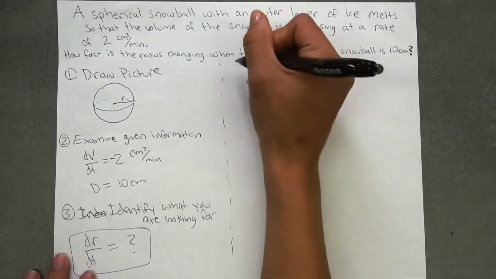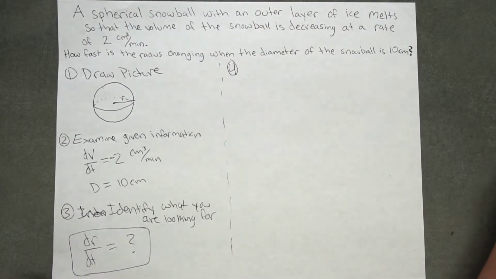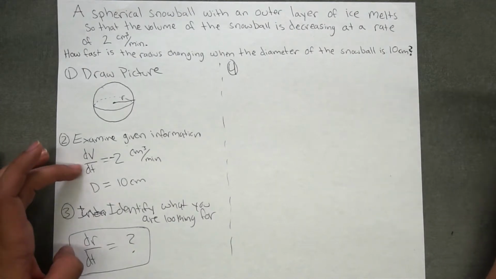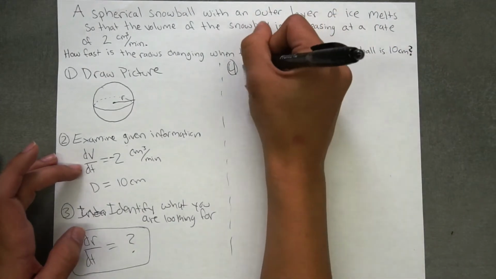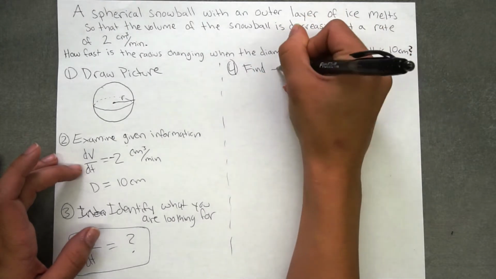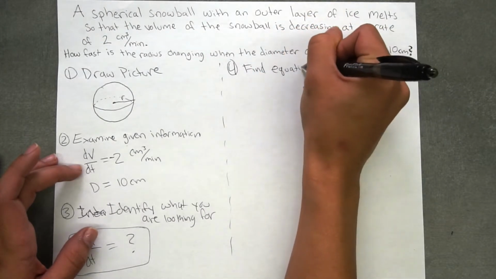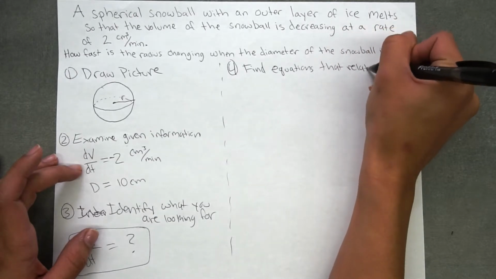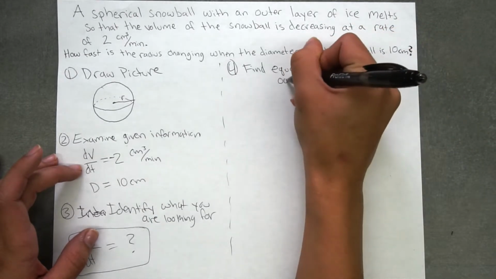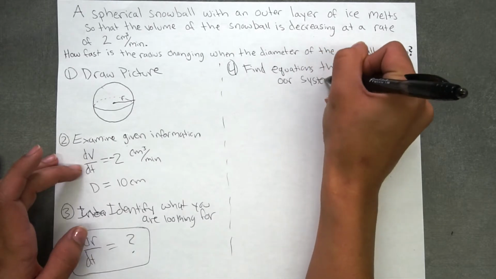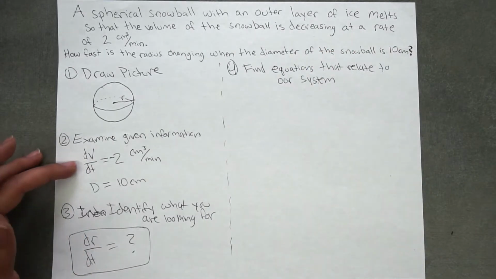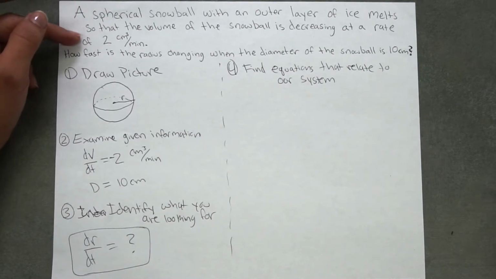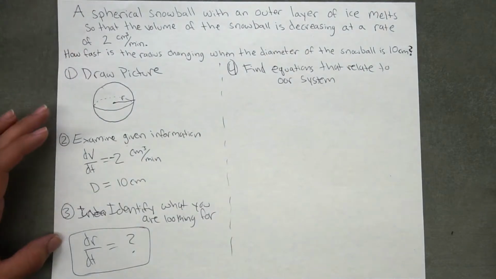Next, we need to find equations that relate the information that we're given to what we're trying to find. Okay, so in this problem we have a sphere, we're given the volume, and we want to figure out the change in radius.